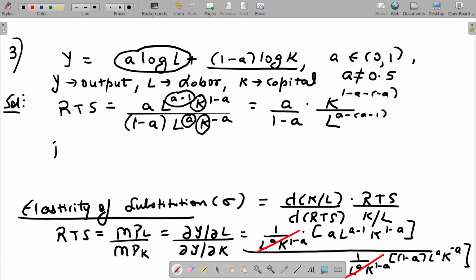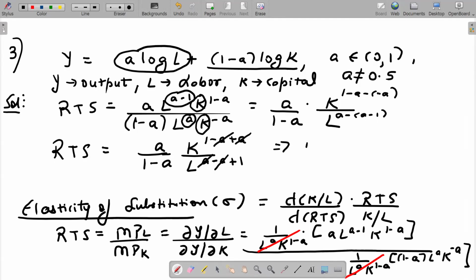I'm using power rules. So RTS is going to be A over 1 minus A times K to the power 1 minus A plus A over L to the power A minus A plus 1. Minus A plus A and minus A cancel out. I get my RTS as A over 1 minus A times K by L.